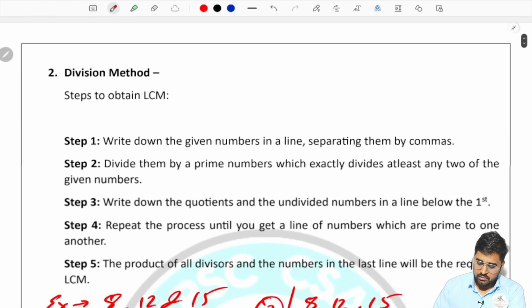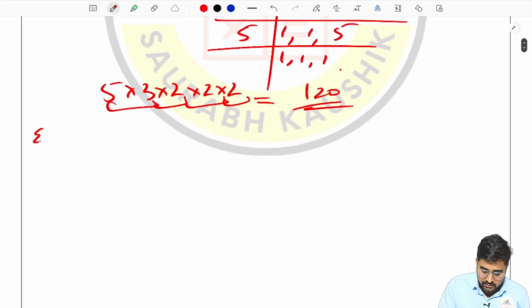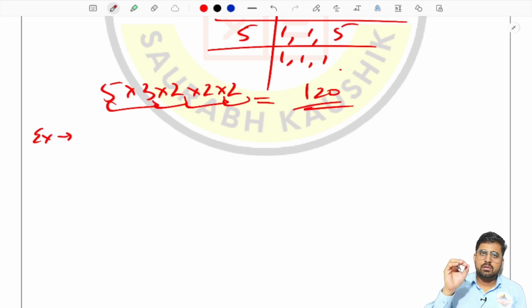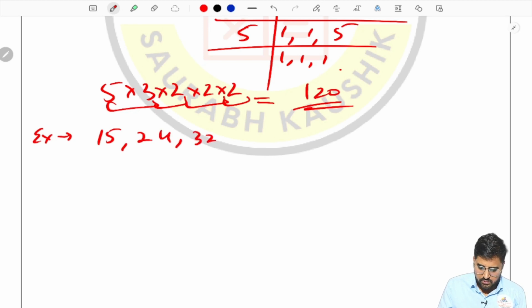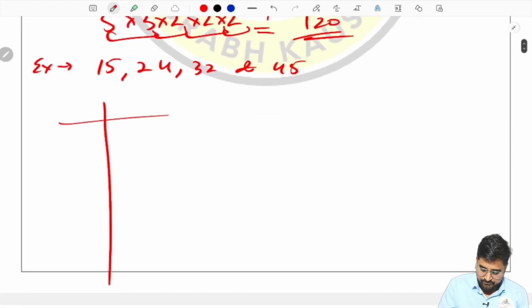Now let us take one more example, a bit complicated one. Not so complicated, but I want to give you a way to solve them much faster. For example, here 15, 24, 32 and 45 are there.